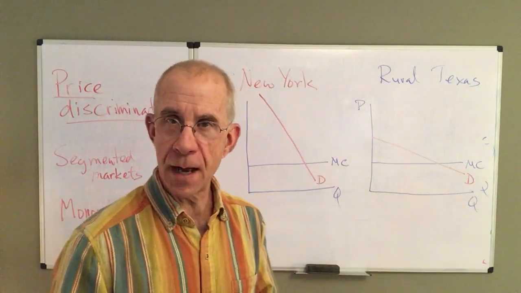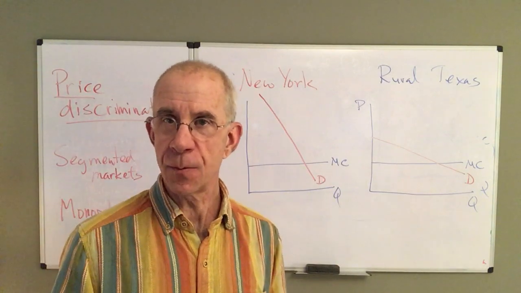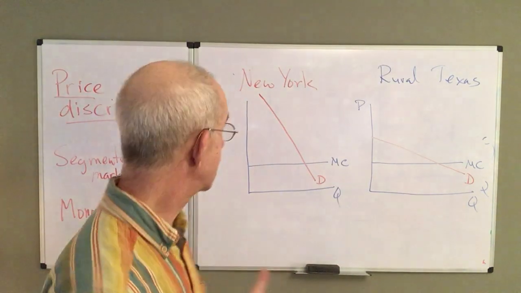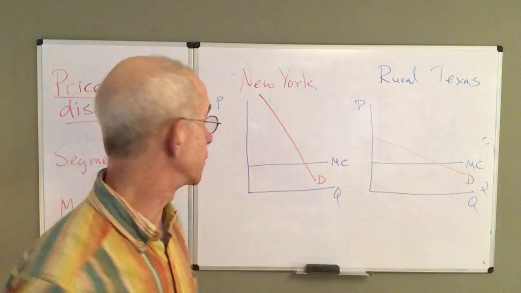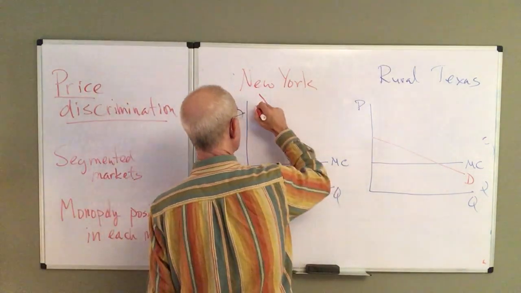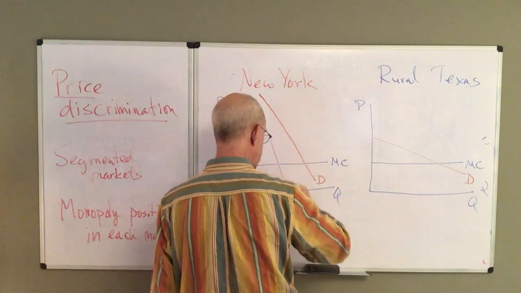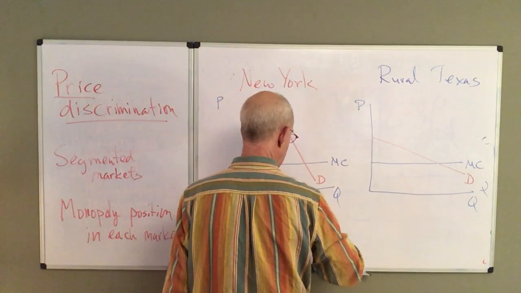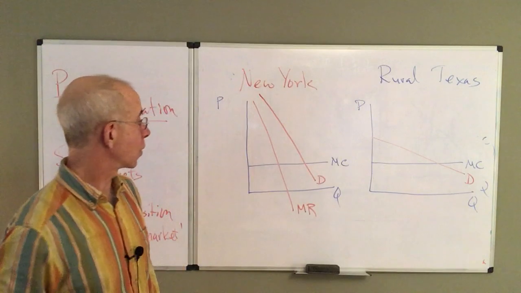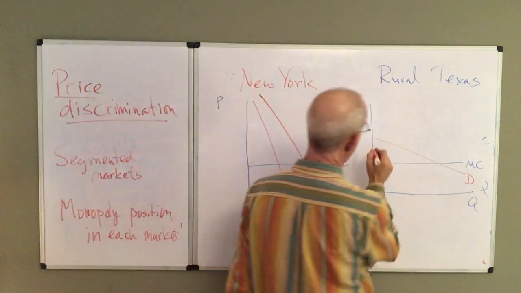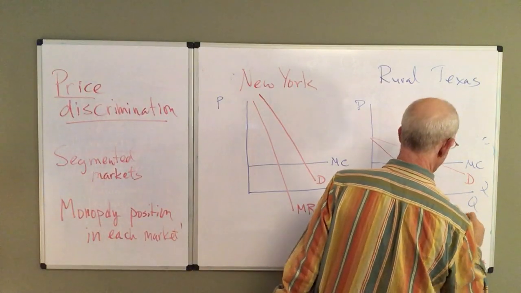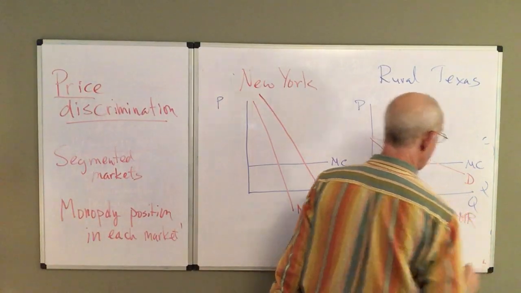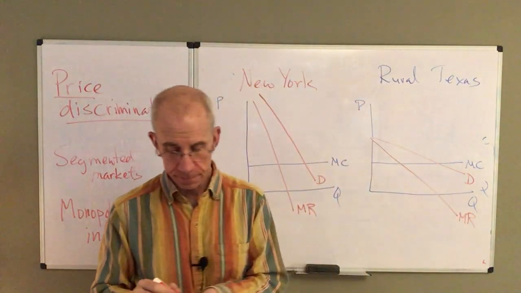Now, for monopolists, how they choose output and prices is going to depend on the associated marginal revenue curve. So let's imagine the marginal revenue curve for New York that looks like that, and we'll have a marginal revenue curve like this for Texas.